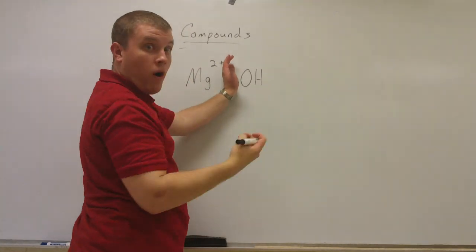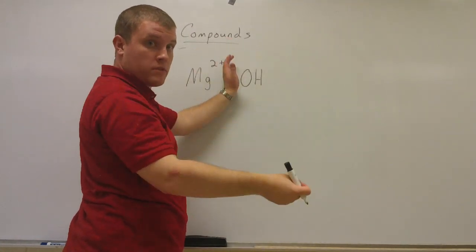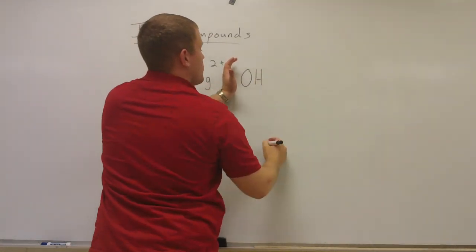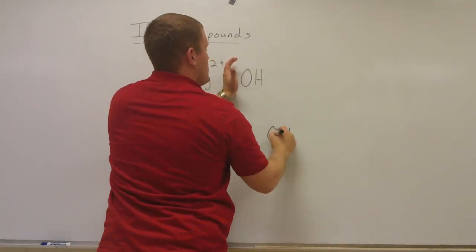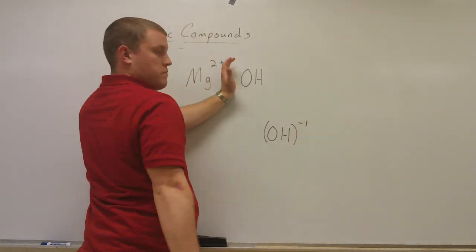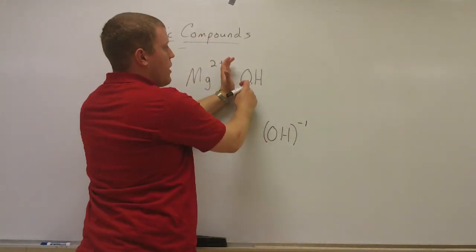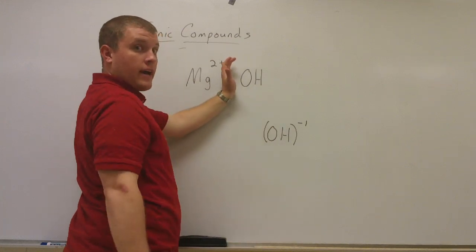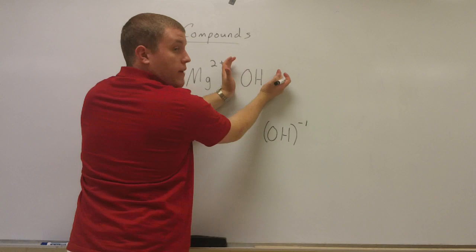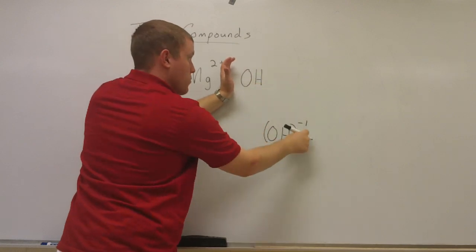polyatomic ions, poly means there are multiple atoms, and they have a characteristic charge. This hydroxide is a group together that has a charge of -1, okay? So when I write OH, you're going to identify that as one of the polyatomics that you've memorized, and you're going to know that this group of atoms has a -1 charge.